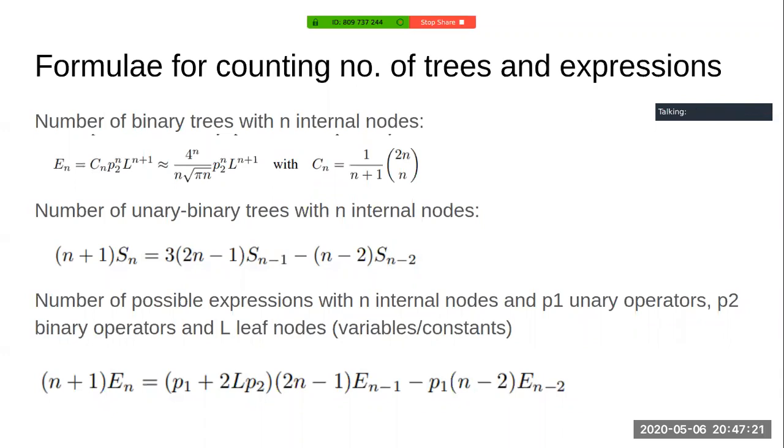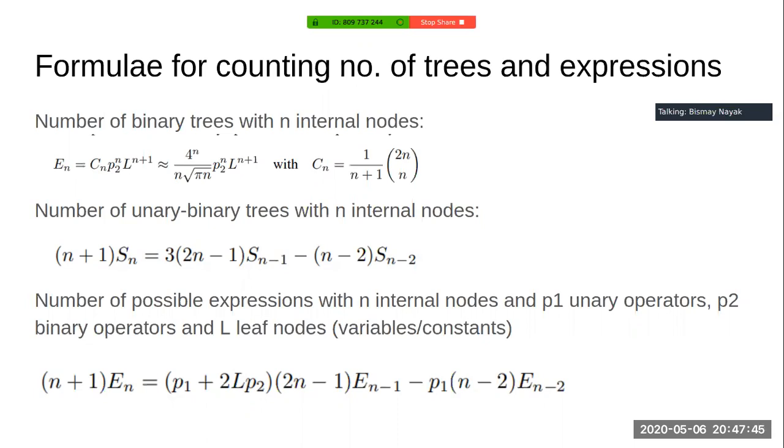For example, the first formula denotes the number of binary trees that we will obtain with n internal nodes. The second formula is what we call the Schroeder number, which calculates the number of unary-binary trees with n internal nodes. As you can see, it contains some terms that work with recursion.